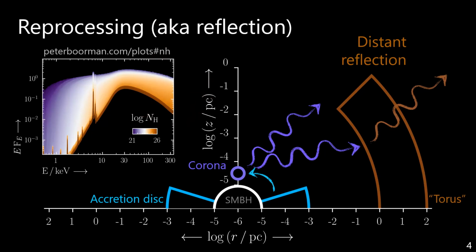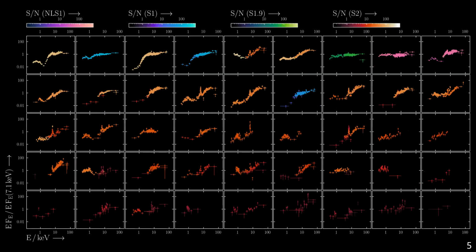But this is for one specific geometry. So you have to assume an X-ray model, you assume a geometry, and then under that geometry, you get a model fit. And for my particular research, I'm doing it for a large sample. This is showing a subset of that sample, where the majority of them are obscured.